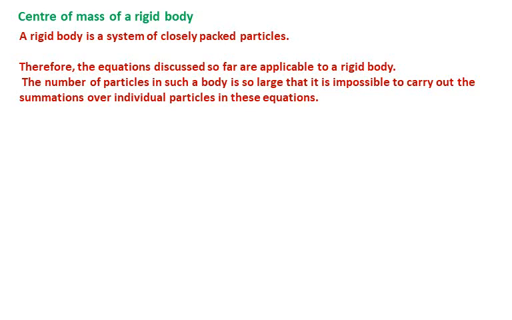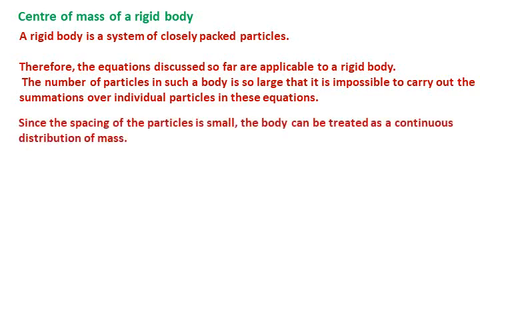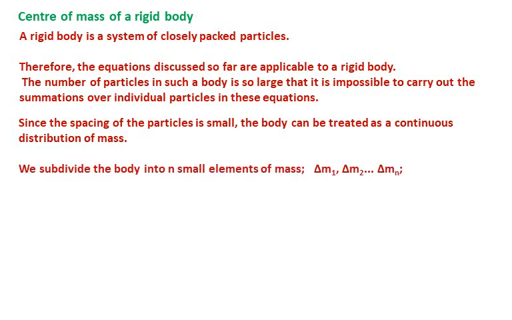The number of particles in such a body is so large that it is impossible to carry out the summations over individual particles in these equations. As the spacing of the particles is small, the body can be treated as a continuous distribution of mass.